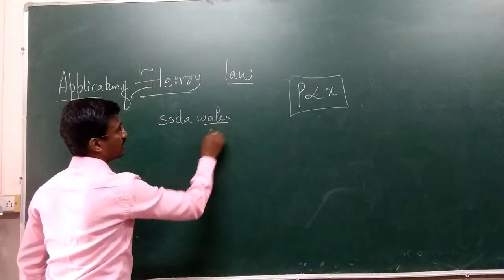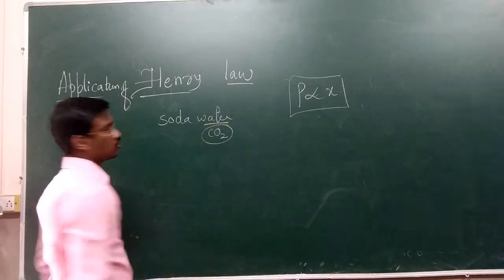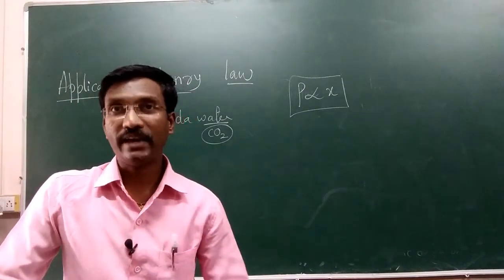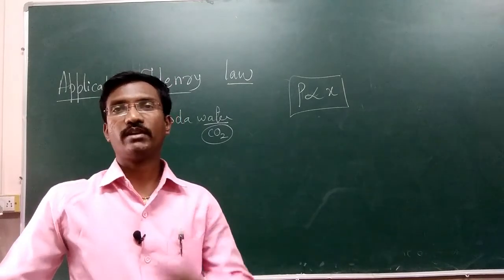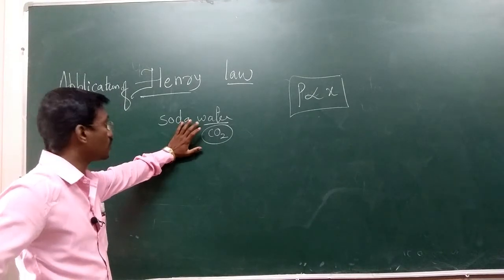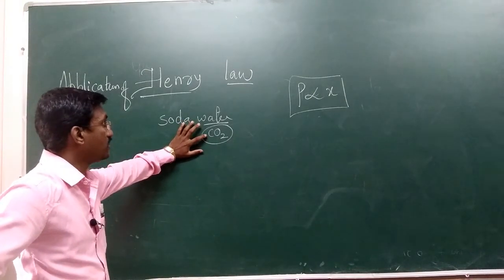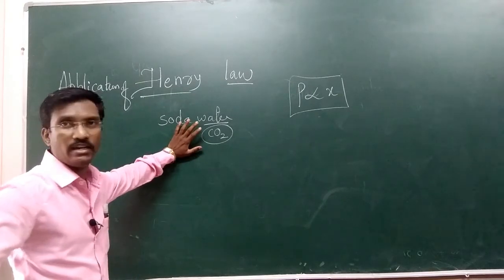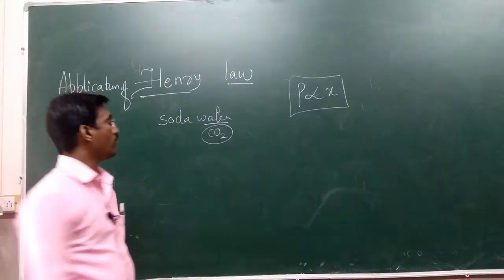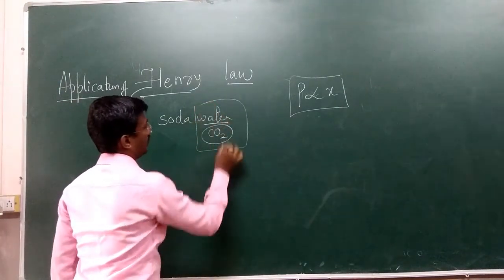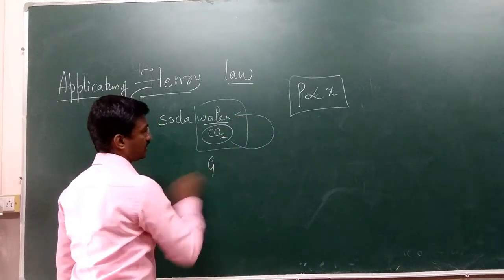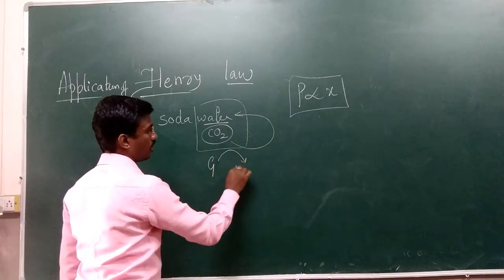The water which contains carbon dioxide is called soda water. So soda water can be prepared by dissolving carbon dioxide in water, whereas carbon dioxide is a gaseous compound. It will be dissolved in water.